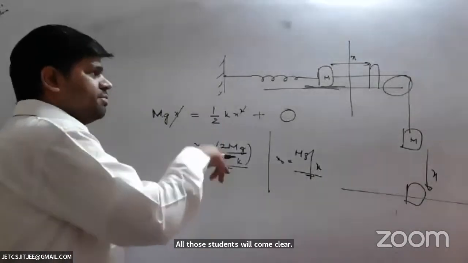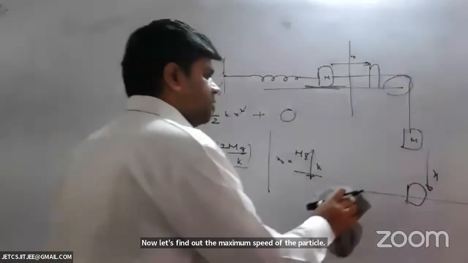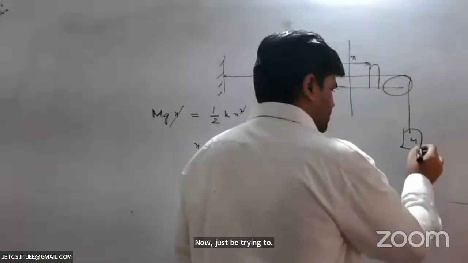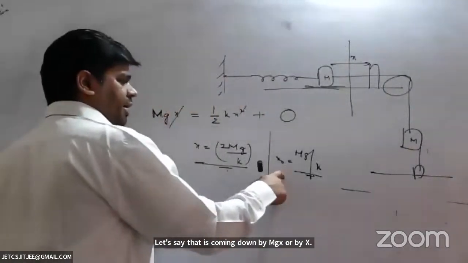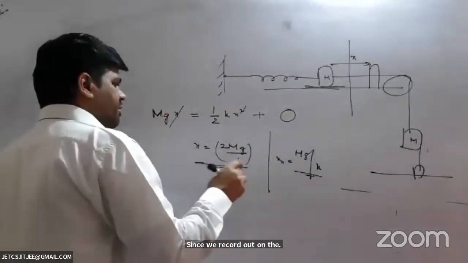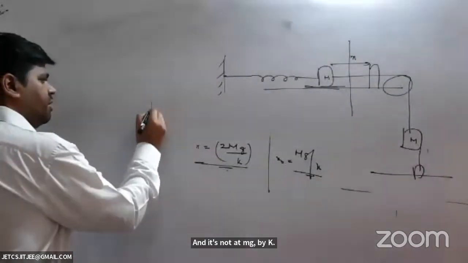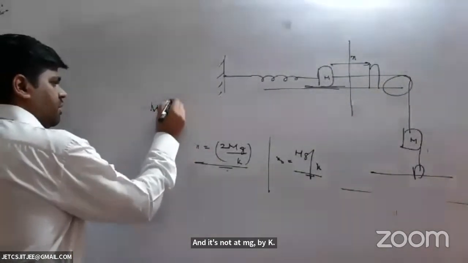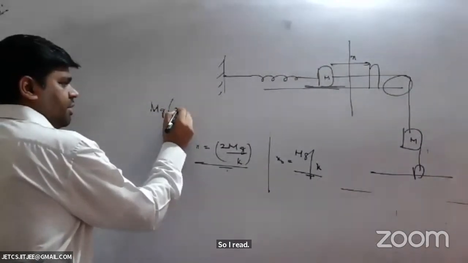Anyway, now let's find out the maximum speed of the particle. When is the maximum speed? At x naught, at mg by k. So I'll write mg into x naught.